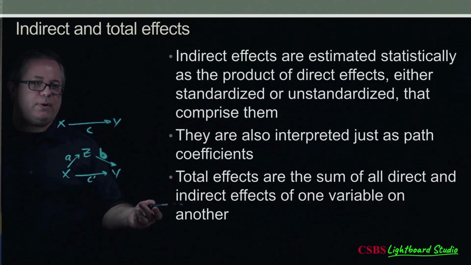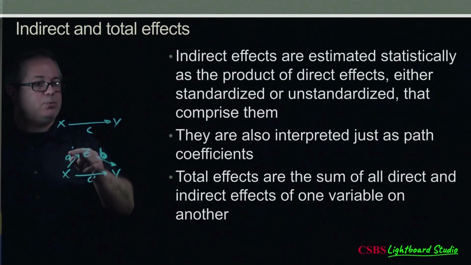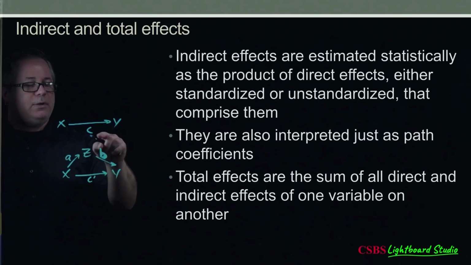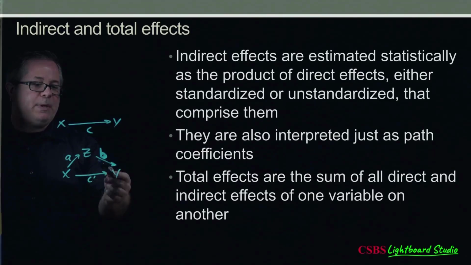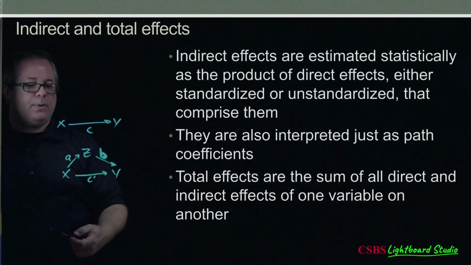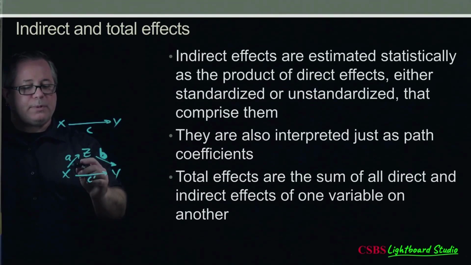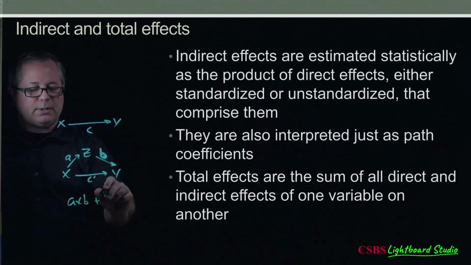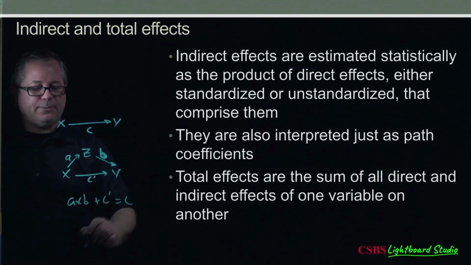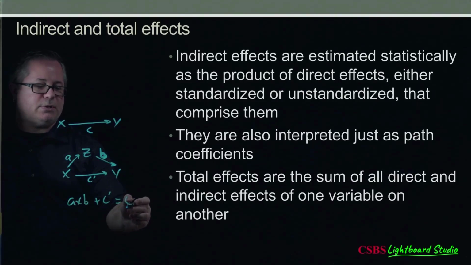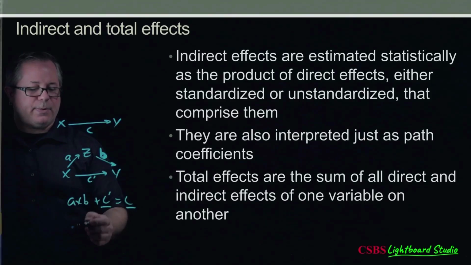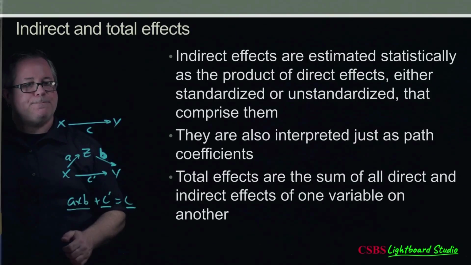We just saw that with the covariance algebra. We saw that with the path tracing rules: as you try to figure out the direct and indirect path, you just multiply the coefficients along the way of the indirect path. If you add A times B plus this C prime, it should equal C, where C is the total effect, C prime is the direct effect, and A times B is the indirect effect.